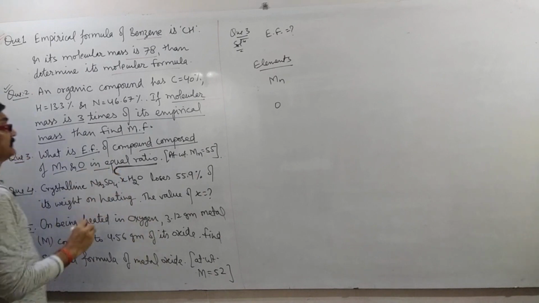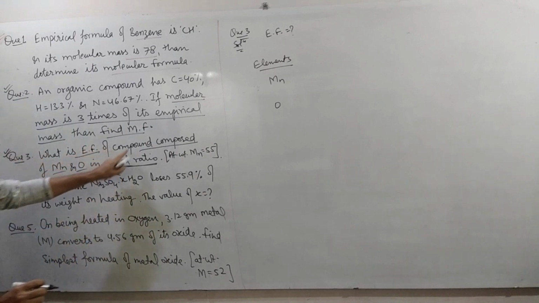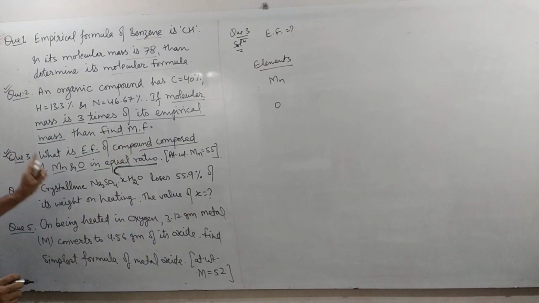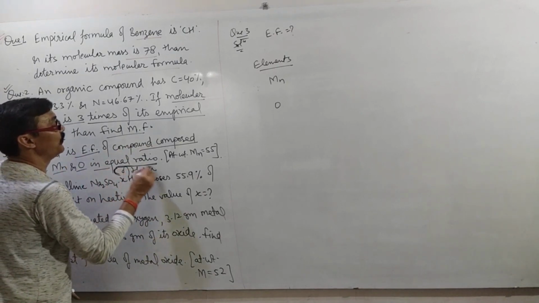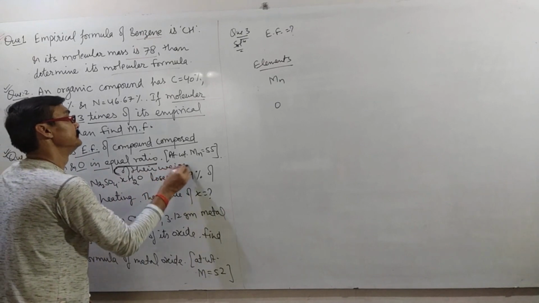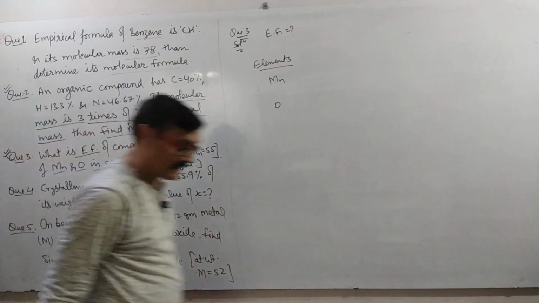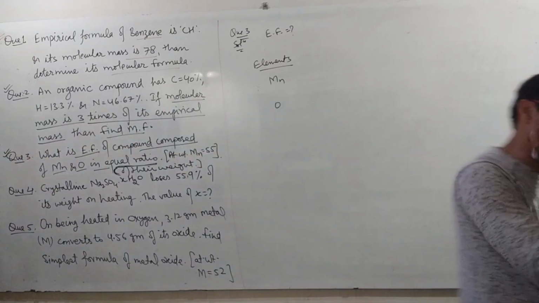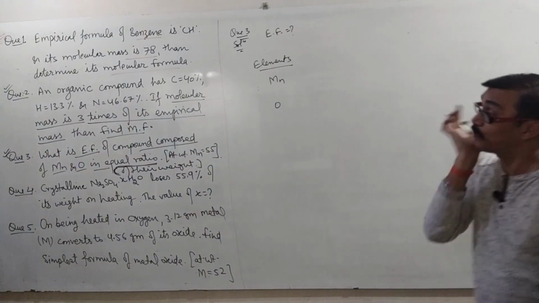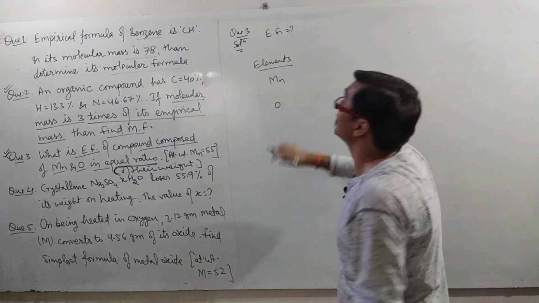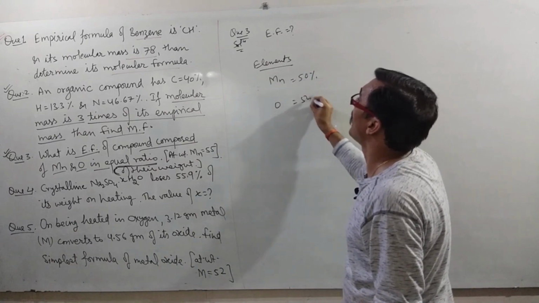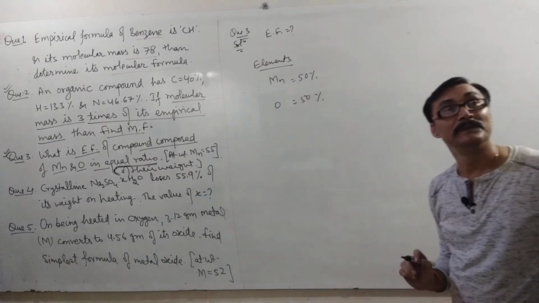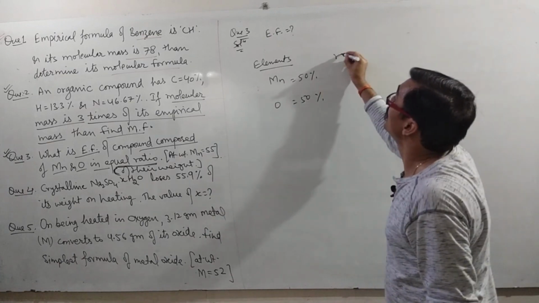Now a small correction: what is the empirical formula of the compound composed of manganese and oxygen in equal ratio of their weight? If the ratio of their masses is equal, then we can say that both are 50%.